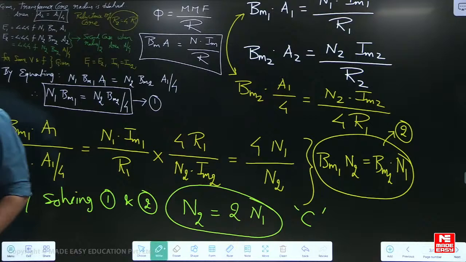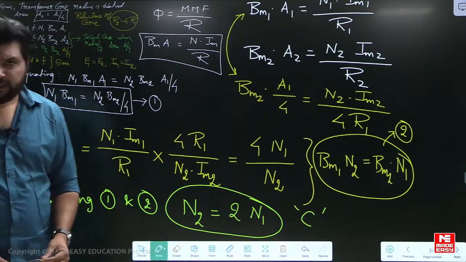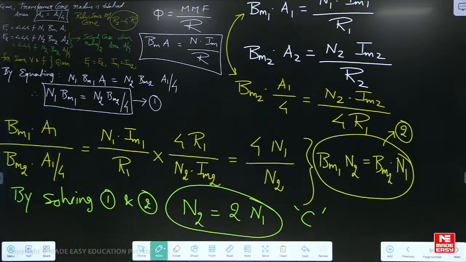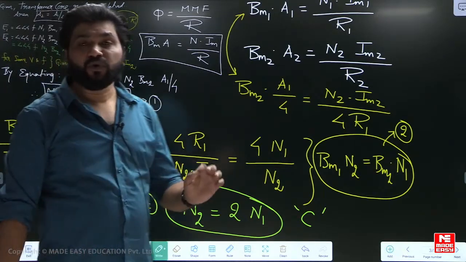Yes, Lakshman, IM1 is equal to IM2. Yes. In the question itself, it was very clearly given for the same no load current.